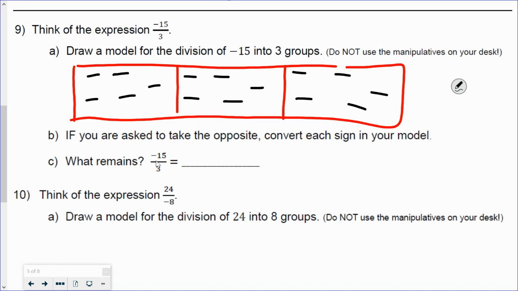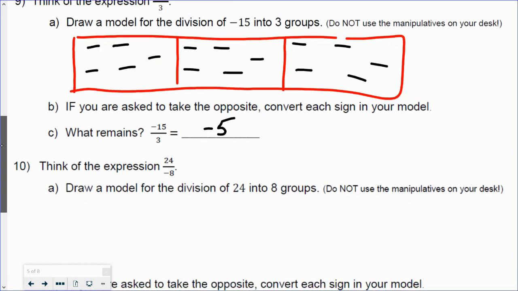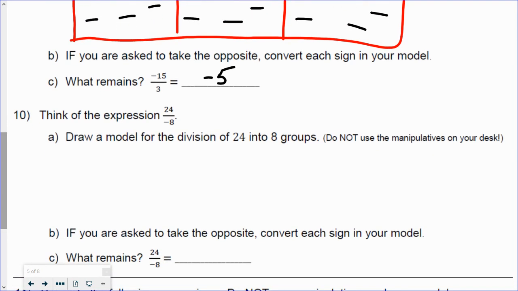So we have a negative 5 as our answer. Okay. All right. So make sure you understand the bottom of a fraction means to take the opposite.